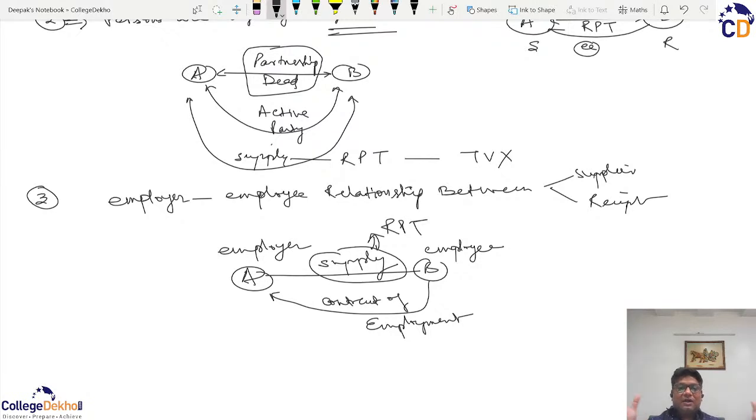So the transaction between the related parties has to be at a price which is at minimum the arm's length price. If that is the case, then there is no problem. RPT and non-RPT will be similar for taxation purposes, because even though the parties are related, the value of supply has taken the precaution of arm's length price.